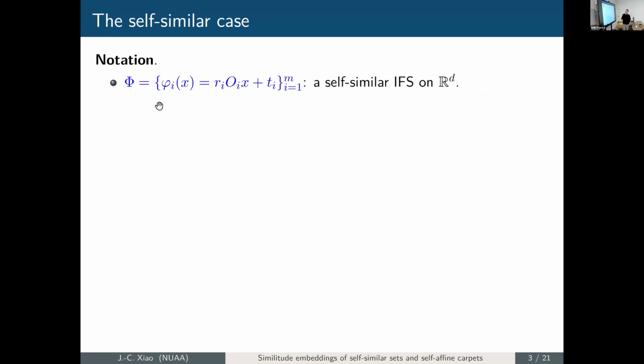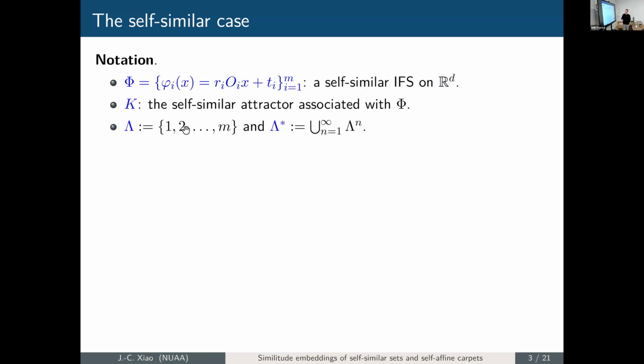To move on, let us introduce some very commonly used notation. The first one is we always fix a self-similar iterated function system, which I denote by capital Phi. This system consists of m different similitudes, which are denoted by phi sub i. I write r_i to be the contraction ratio, capital O_i to be the orthogonal part, and t_i to be the translation vector. We will also use capital K to be the self-similar set associated with this iterated function system.